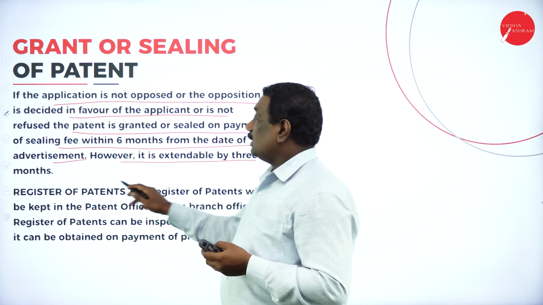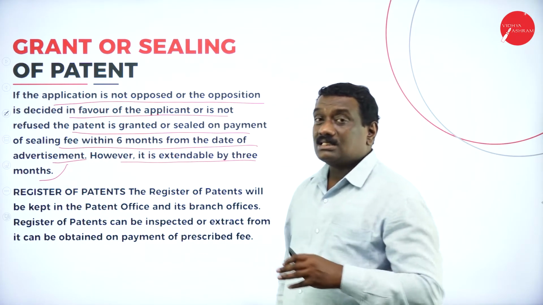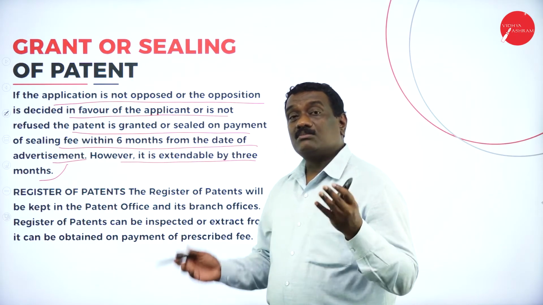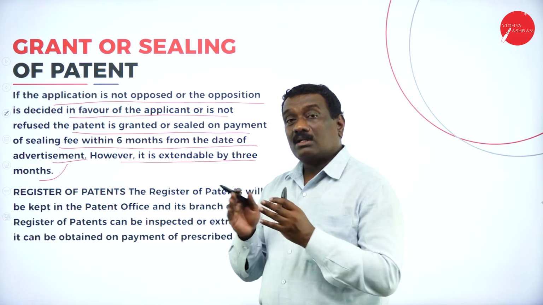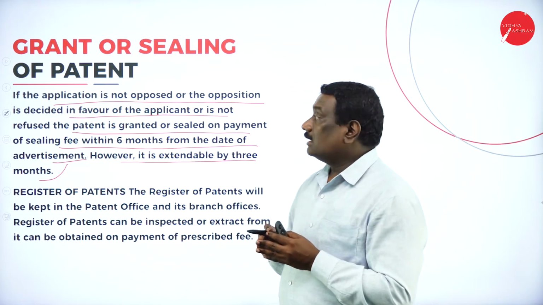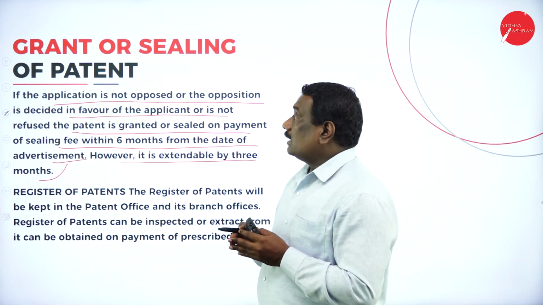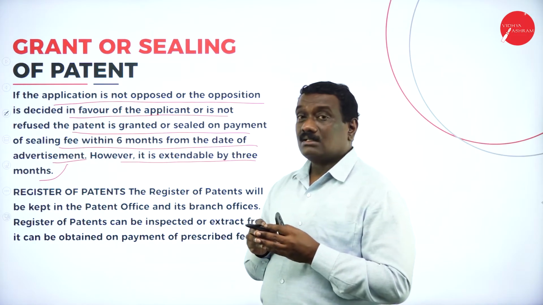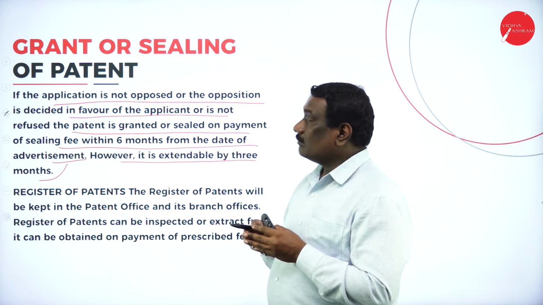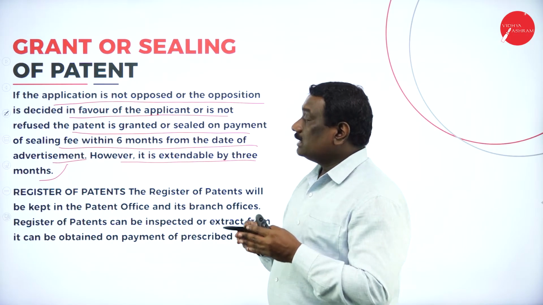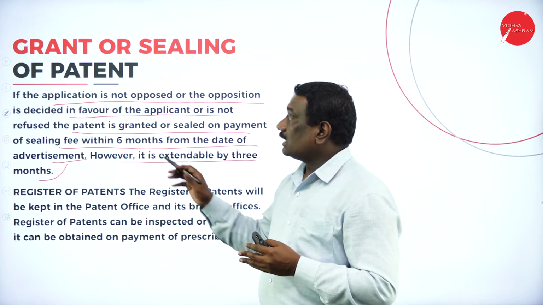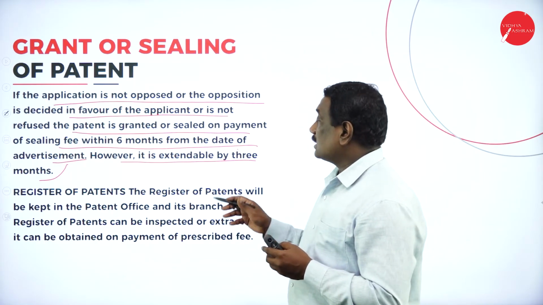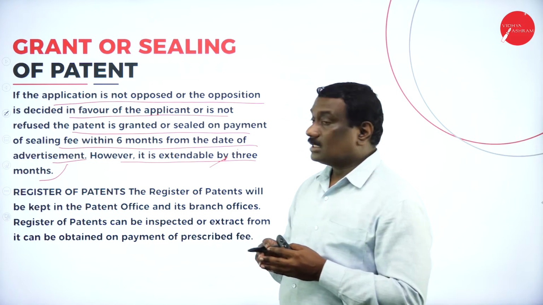However, it is extendable by 3 more months. So if there is no opposition, or the opposition party has withdrawn the opposition, then the patent can be granted and sealed on payment of the sealing fee within 6 months from the date of advertisement, and it is extendable by 3 months.